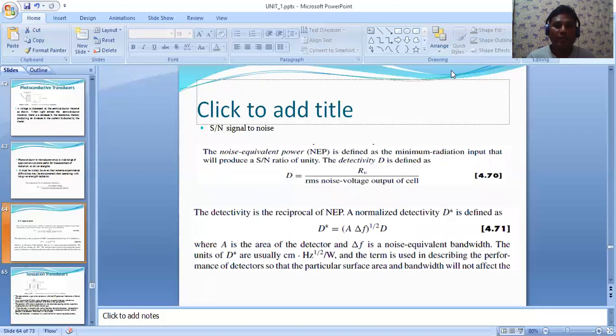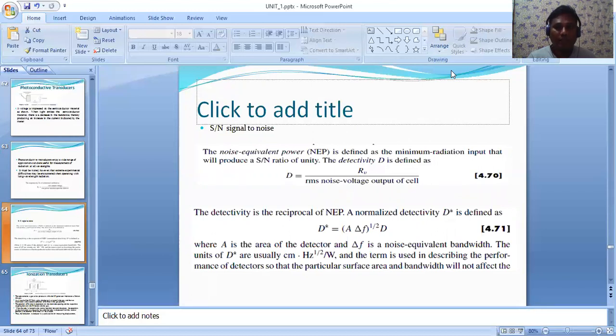The noise equivalent power is defined as the minimum radiation input that will produce a signal to noise ratio of unity. Finally, the detectivity D is defined as RV divided by the RMS noise voltage output of the cell.